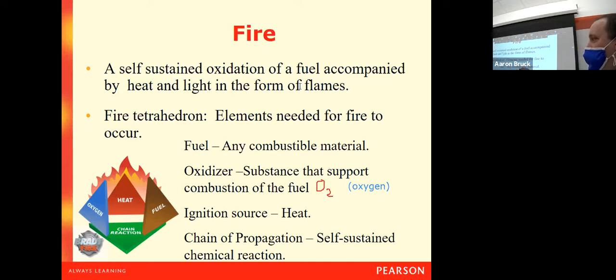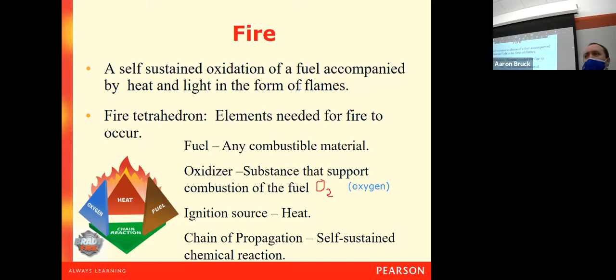Without that, take away any leg of this tetrahedron, and the flame, the fire, collapses upon itself. I'm sure all of you have done this at some point. You light a candle, you cover the candle, it goes out. The reason that happens is we're taking out one of the legs of the fire tetrahedron.